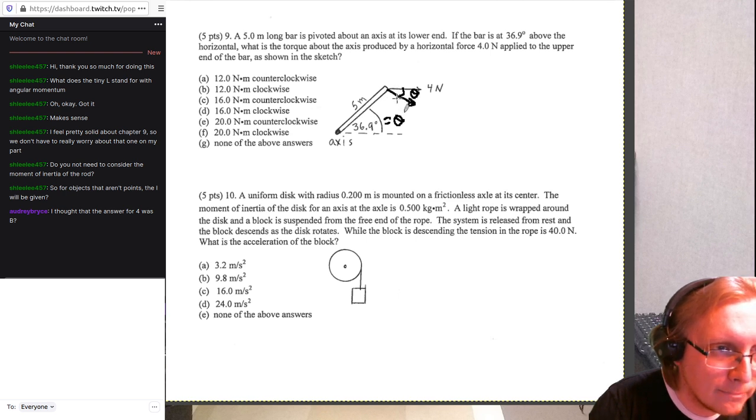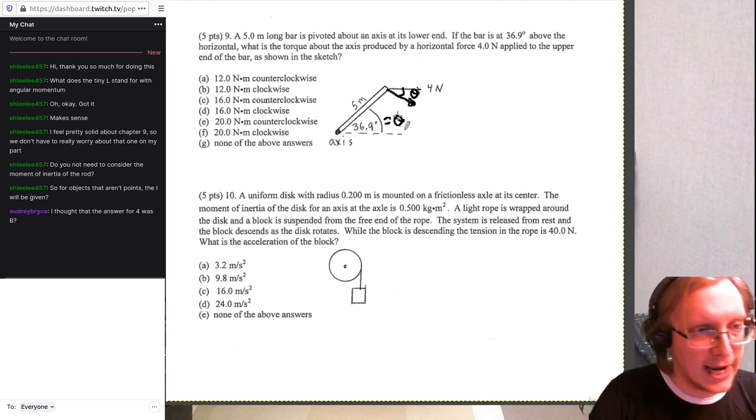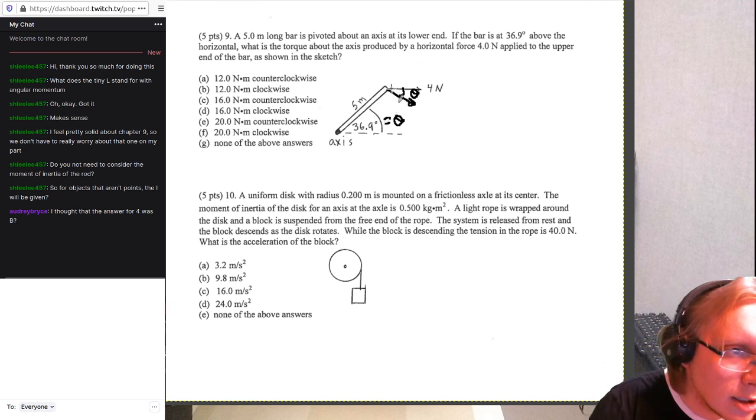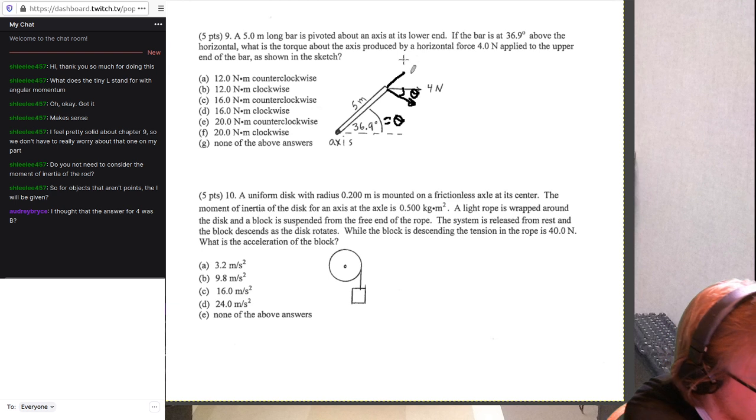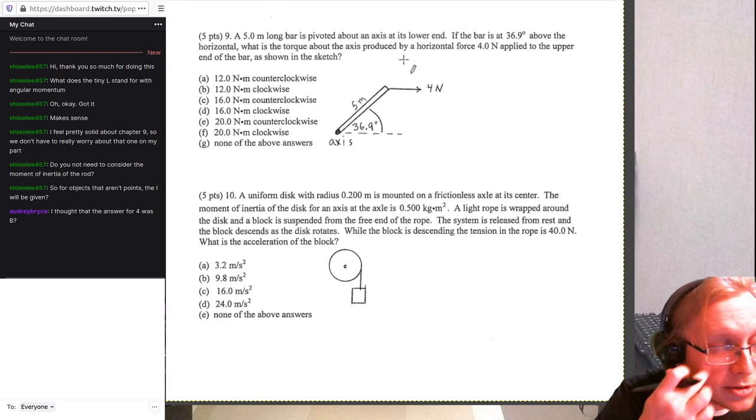There's probably some parallel line theorems out there that we can use to prove that. Like I said, I've got to use the parallel line theorems.